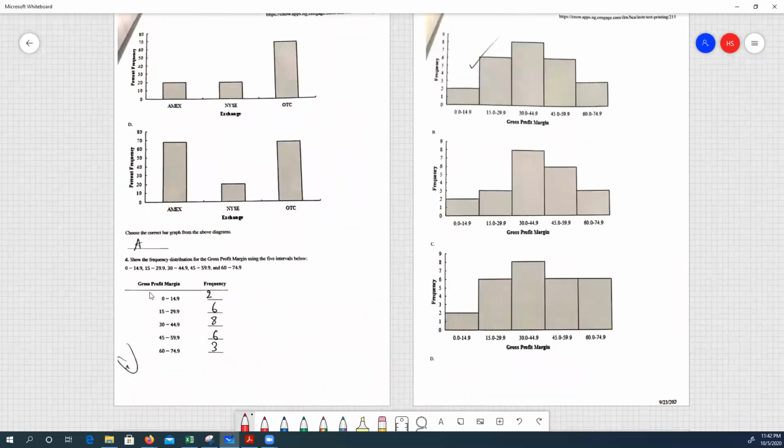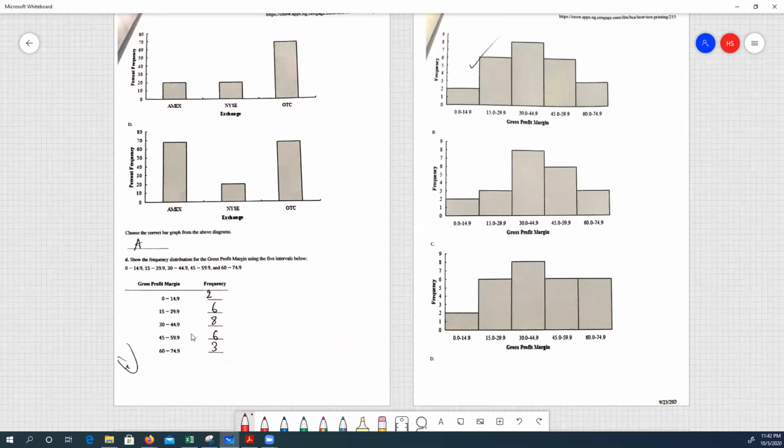There are 2 numbers between 0 to 14.9, and we have 6 numbers between 15 to 29.9. We have 8 numbers between 30 to 44.9, and we have 6 numbers between these 2 numbers, and we have 3 numbers between these 2 numbers.